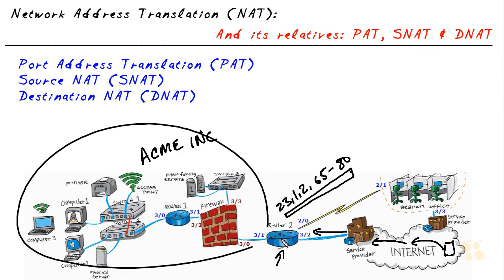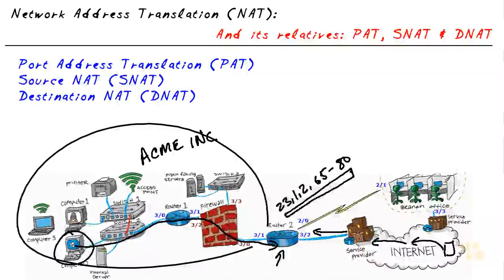And here's the game we play with NAT. When Bob sends his packet that goes through the network and it hits R2, R2 is going to say, oh, I realize based on the rules that have been set up, I need to perform network address translation.